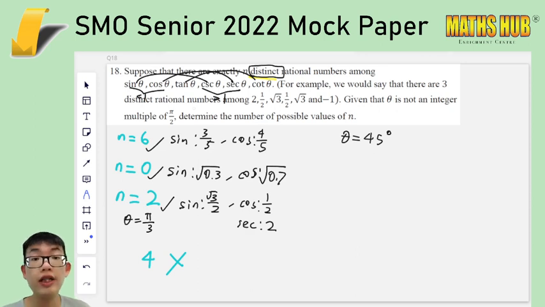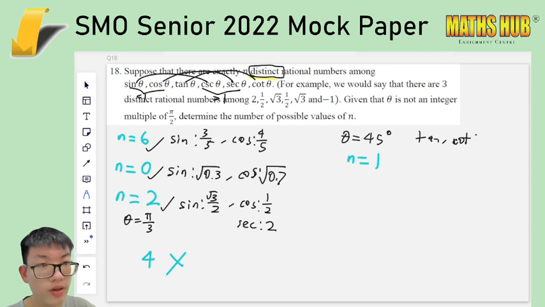But tangent and cotangent will be equal to 1. So you get n equals 1 because the tangent and cotangent are both rational, but the same rational number. And if they're the same rational number, then most certainly that doesn't count as more than 1, that counts just as n equals 1.